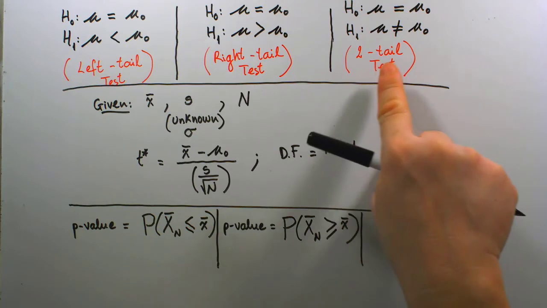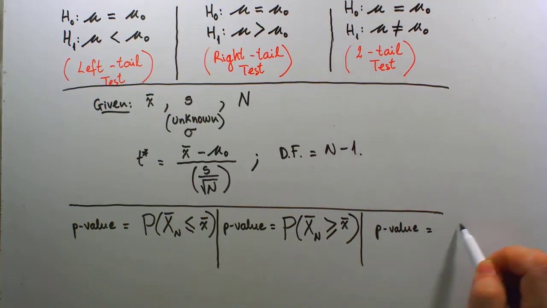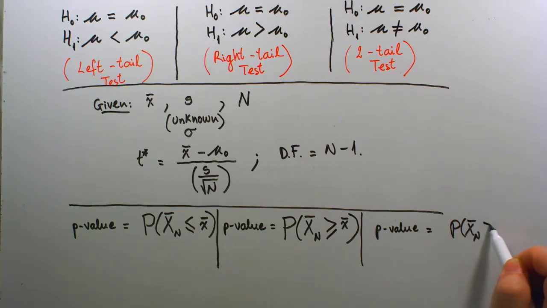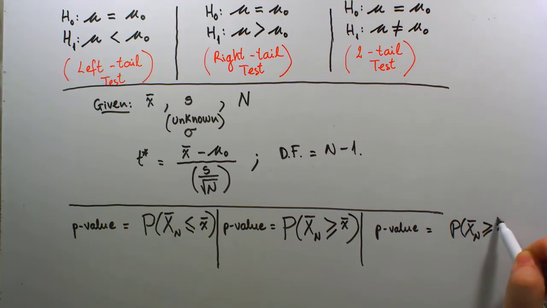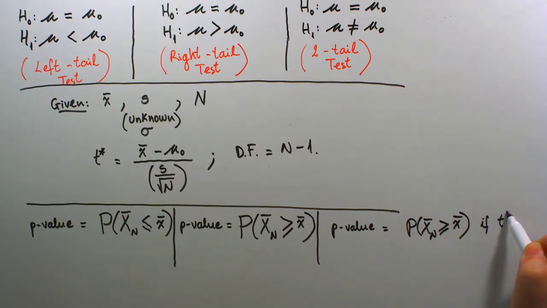And when our test is a two-tail test, there are two cases that can happen. We will set up our p-value calculation as a right tail probability calculation, so this inequality is for the right tail, if our t star is positive.